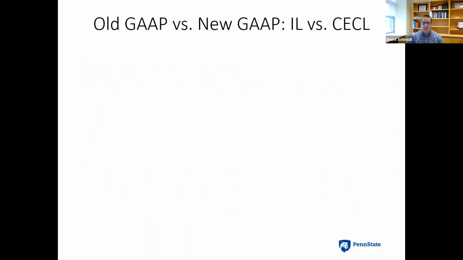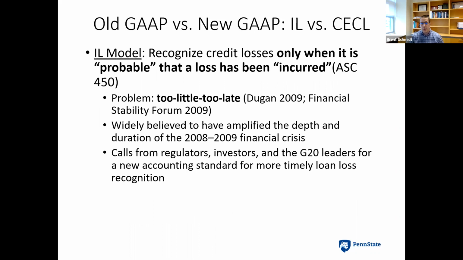So what are the differences between the incurred loss model and CECL? Under the incurred loss model, credit losses were only recognized when it was probable that the loss had been incurred as of the balance sheet date. So there seemed to be a too little too late problem, in particular during the 2008 financial crisis.